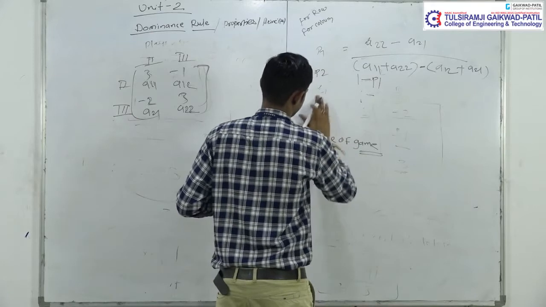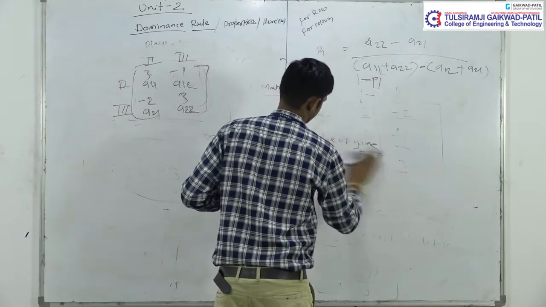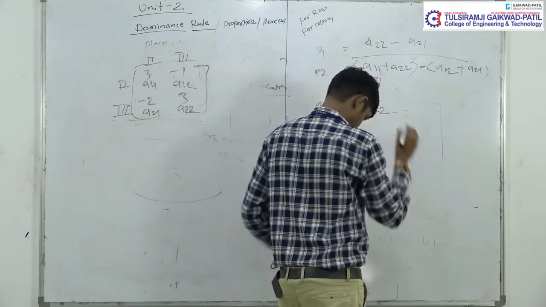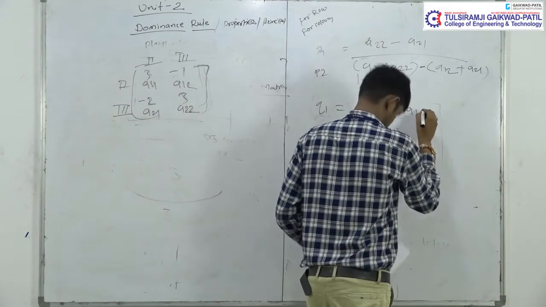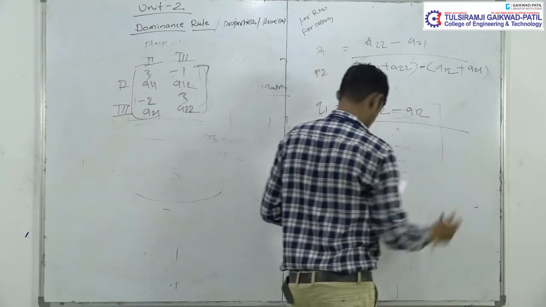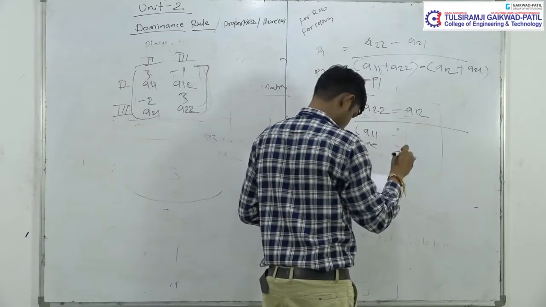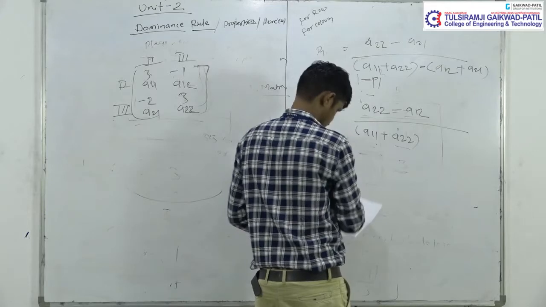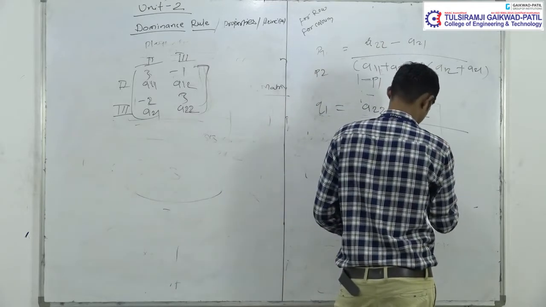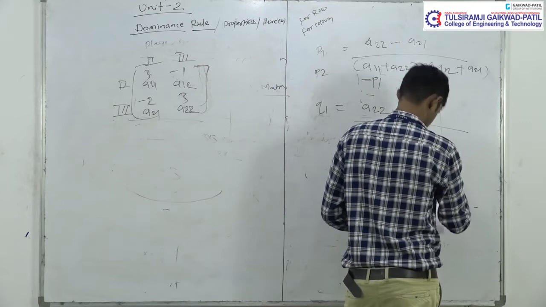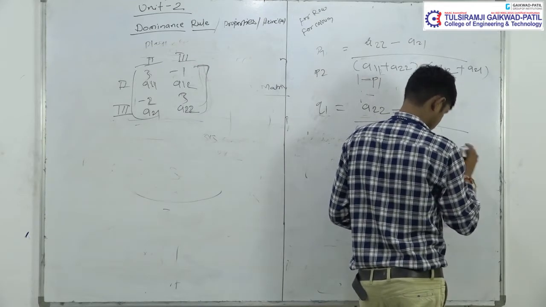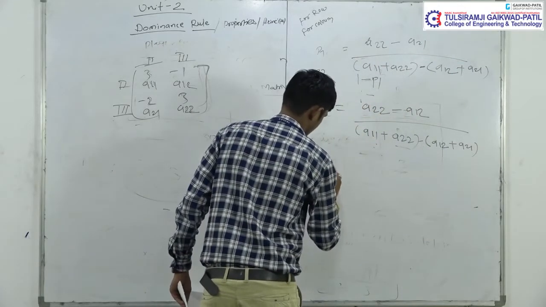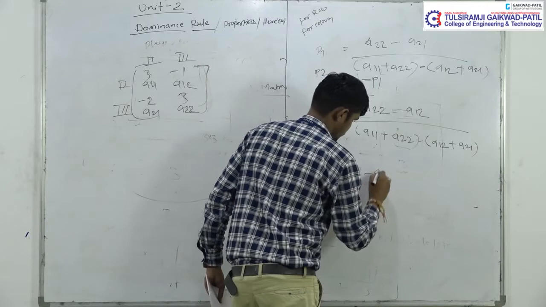Next is Q1 equals A22 minus A12 upon A11 plus A22 minus A12 plus A21. Next is the Q2 formula, 1 minus Q1.